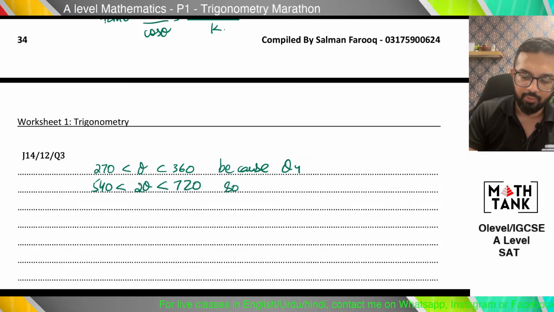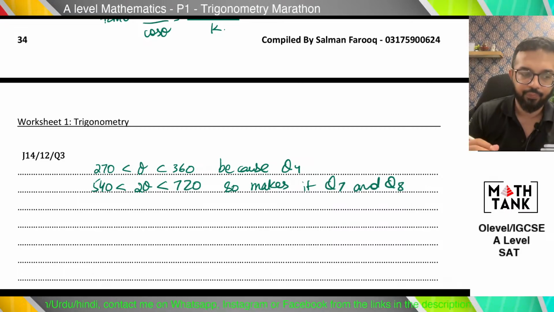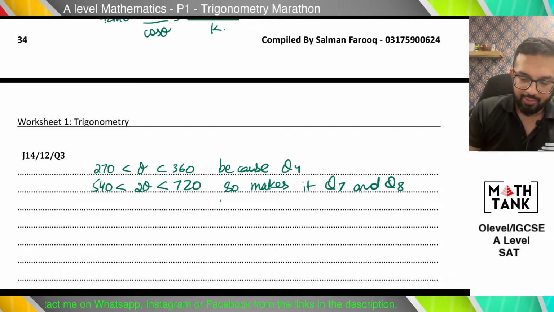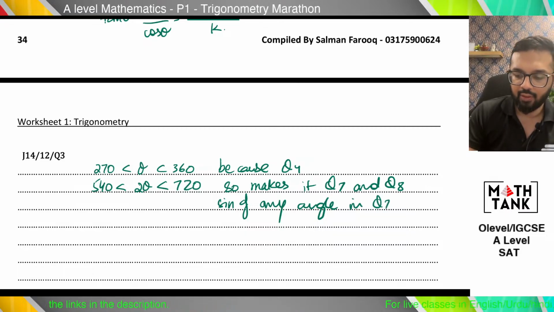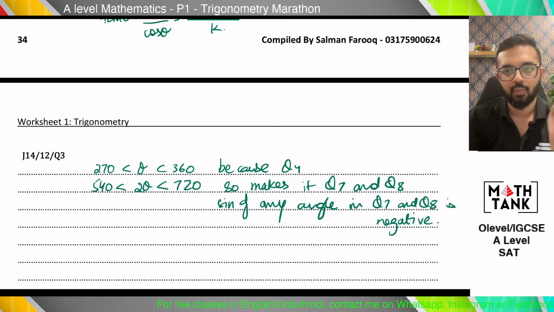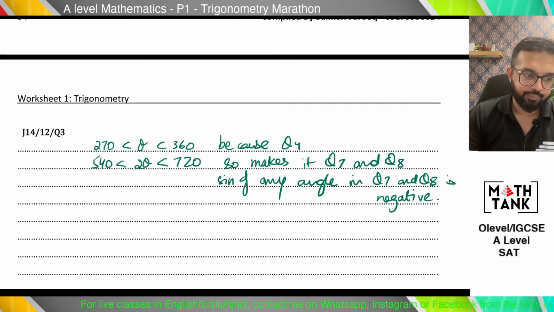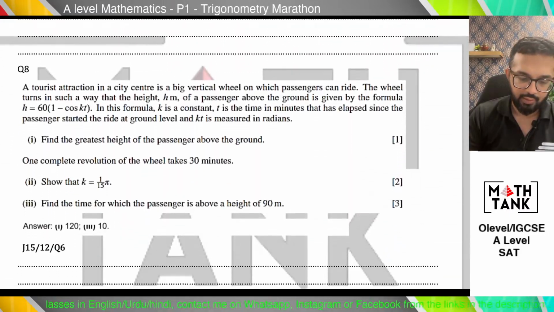That makes it quadrant 3 and quadrant 4. Sine of any angle in quadrant 3 and quadrant 4 is negative. So that solves this question.